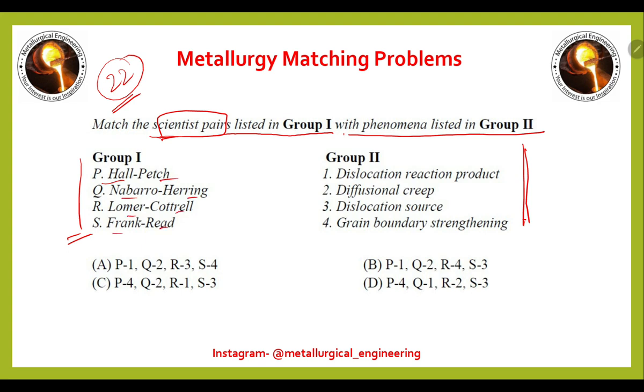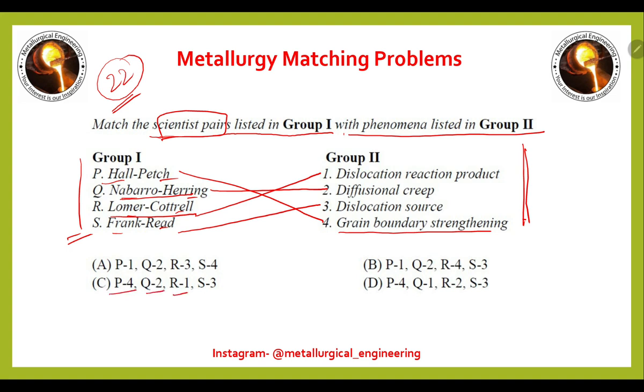So the Hall-Petch equation is for grain boundary strengthening, that is P4. Nabarro-Herring is for diffusional creep. Lomer-Cottrell is for dislocation reaction product, and Frank-Read is for dislocation source. So the right answer is P4, Q2, R1 and S3. C part is the right answer.